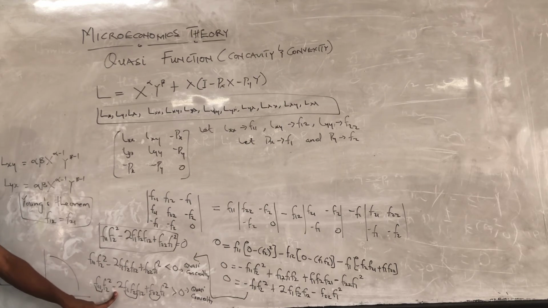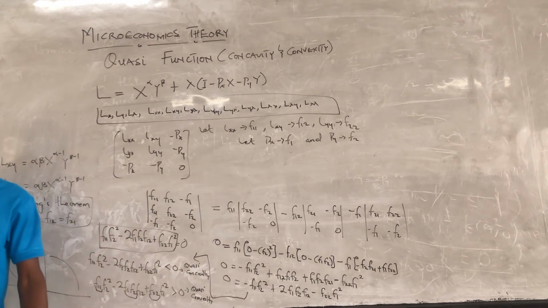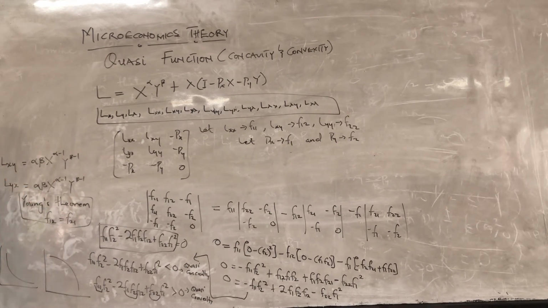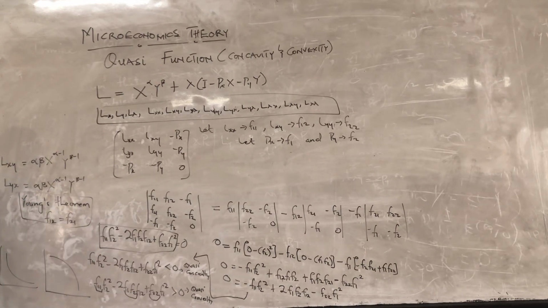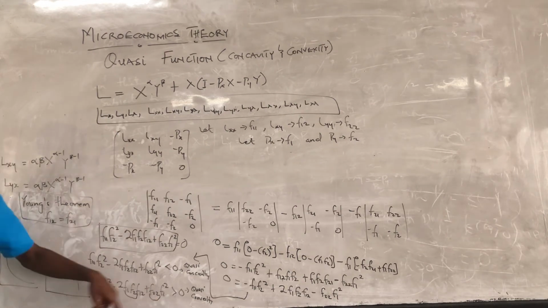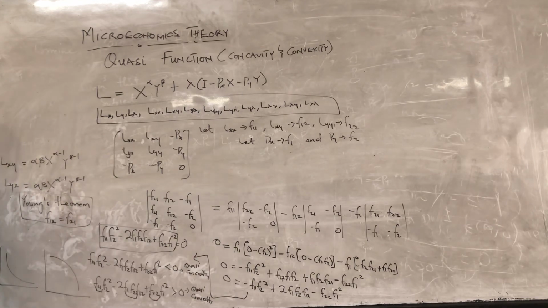With this being negative, I'll have this being equal to positive. It will nullify this negative to be positive. So it means that I have my negative being greater than the positive values. When they cancel out, if the negative is more than the positive, I'll end up getting less than 0. So that's when you can talk about the concavity. For it to be convex, the positives should be greater than the negatives. So it depends.